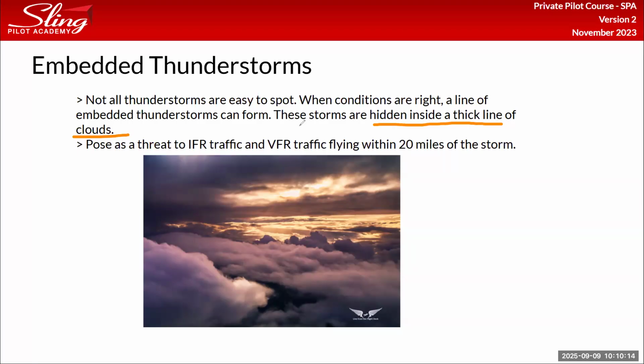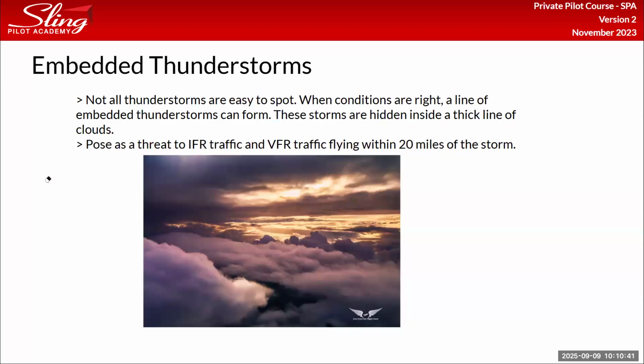Usually with a thunderstorm, you're able to spot from a distance that vertical motion, like a tower of clouds being created. These embedded thunderstorms are hidden inside other clouds, so they're posing a threat to anyone within, again, 20 nautical miles of these storms.